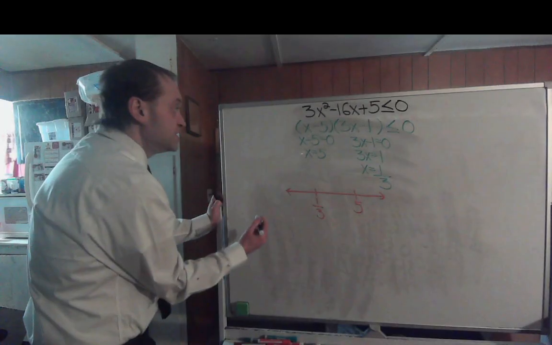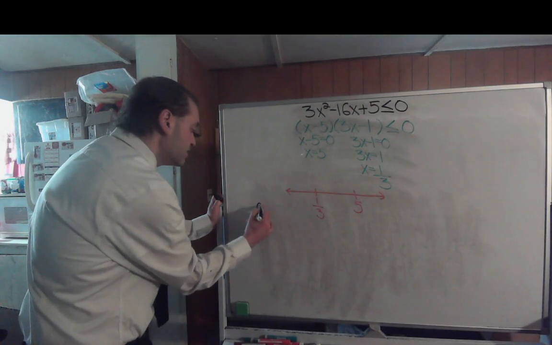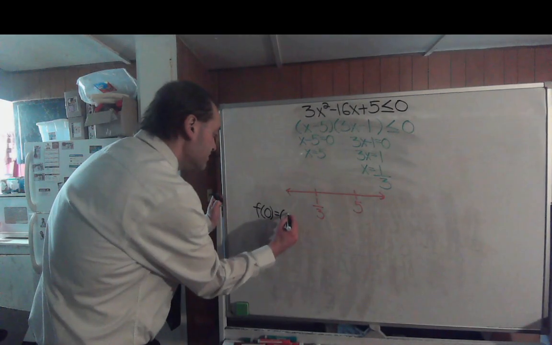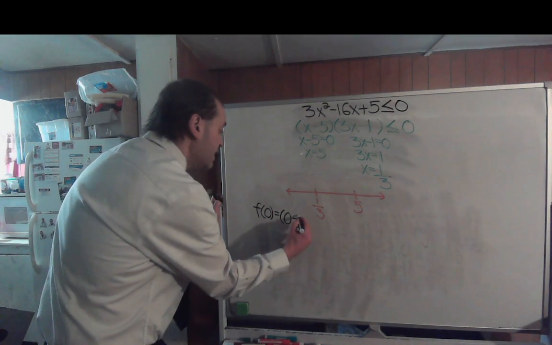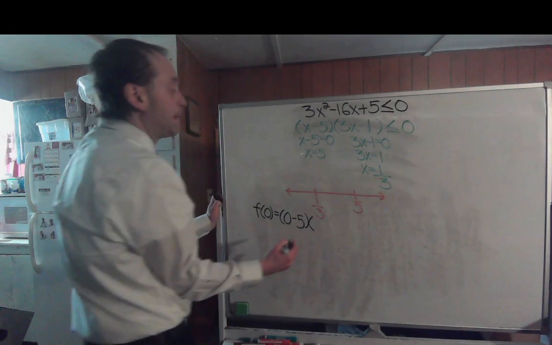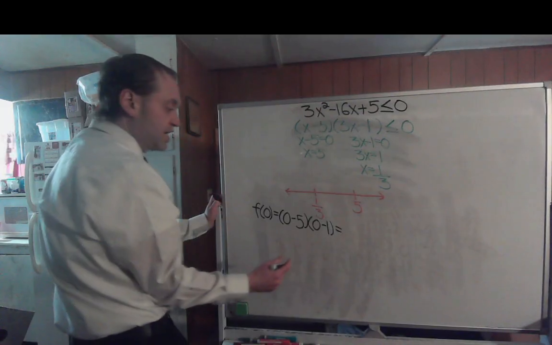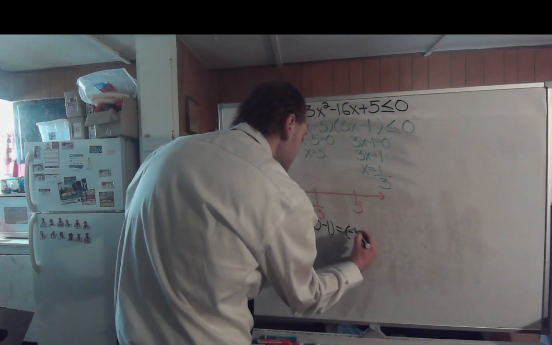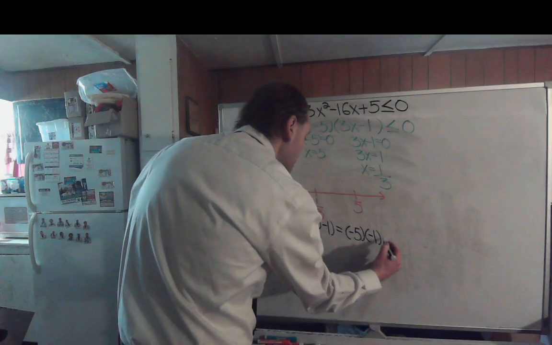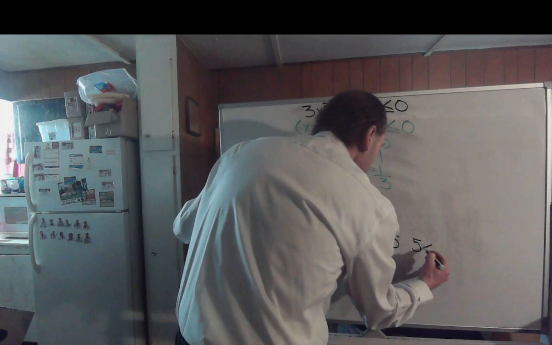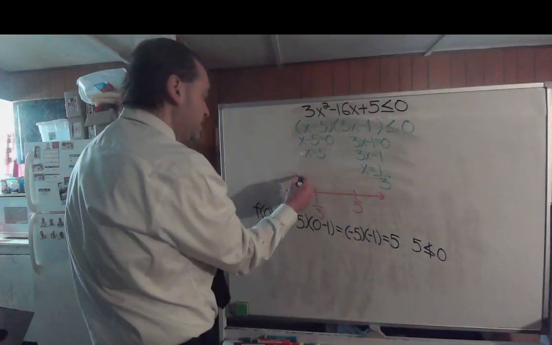So if I put in 0 into my factors, f of 0 would end up giving me the quantity of 0 minus 5 times the quantity of 3 times 0, that's just 0, minus 1. What's that going to give me? Negative 5 times negative 1, which would give me positive 5. Well, positive 5 is certainly not less than or equal to 0. It's actually greater than 0, so you'll put a positive sign here.